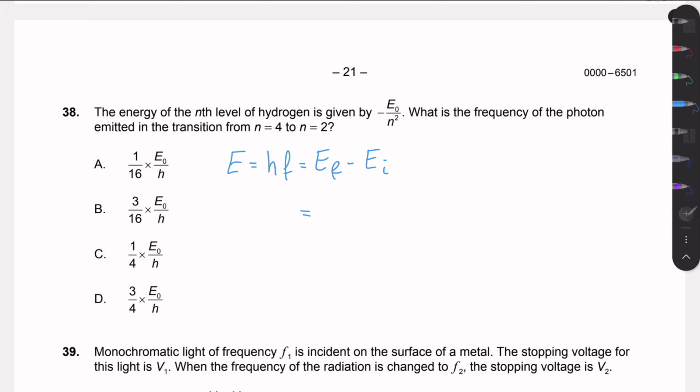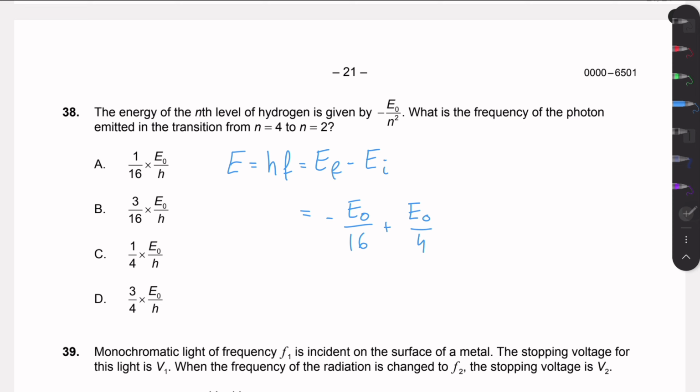So, or we can just do it like this. So E final is E0 divided by 16 plus E0 over 4. So this is our final level, and because of the double negative, this becomes a positive. So the final energy is this at n equals 4.